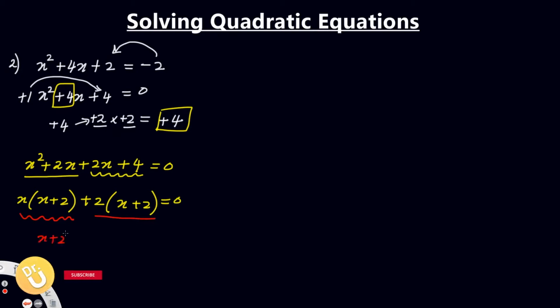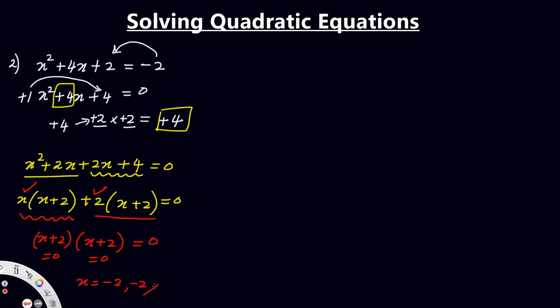So you take x plus 2 out, and the remaining x plus 2 can be written at the end. Now, using the null factor theorem, you can say these two are individually 0. So from here you get x is equal to -2 and -2. This is the solution, and this is called the repeated root for a quadratic equation.